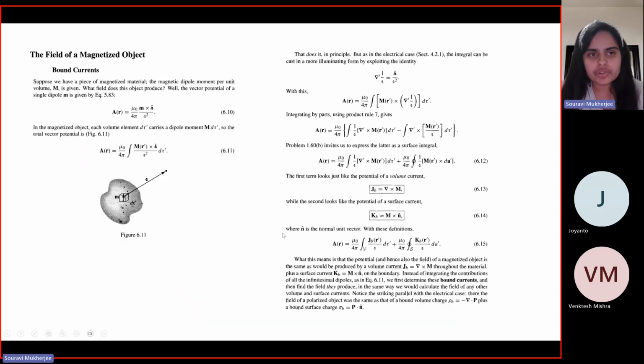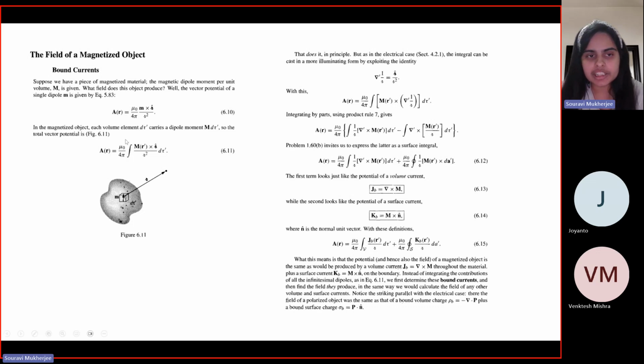Okay. Now, because materials can have a net magnetization, if you know the vector potential for a dipole moment, you can also write a vector potential for a magnetized object. If you say that the dipole moment per unit volume is capital M, and then do an integration over your volume element, you get a net vector potential for your magnetized object.